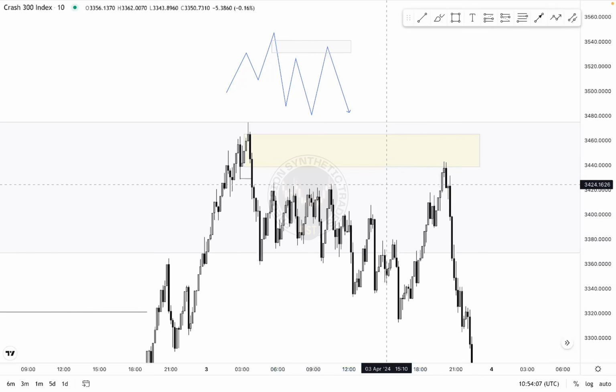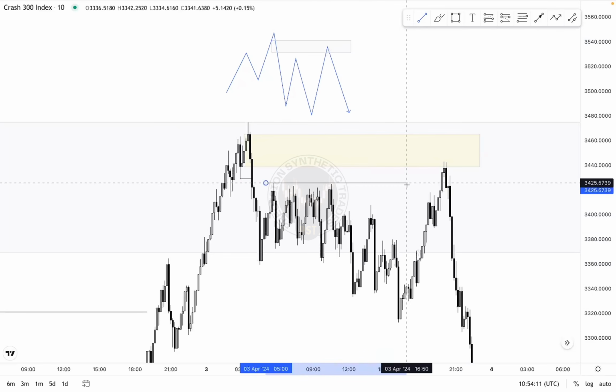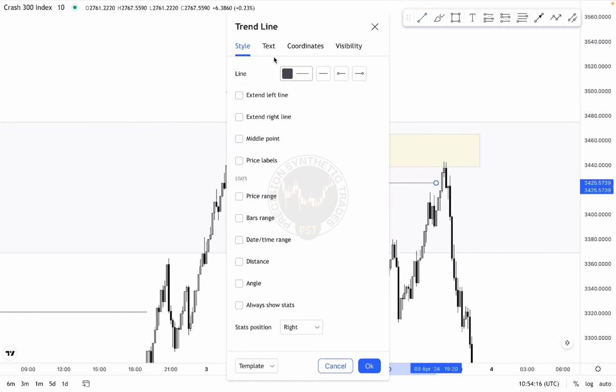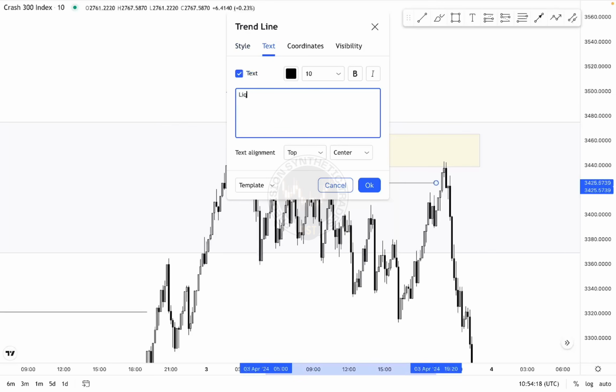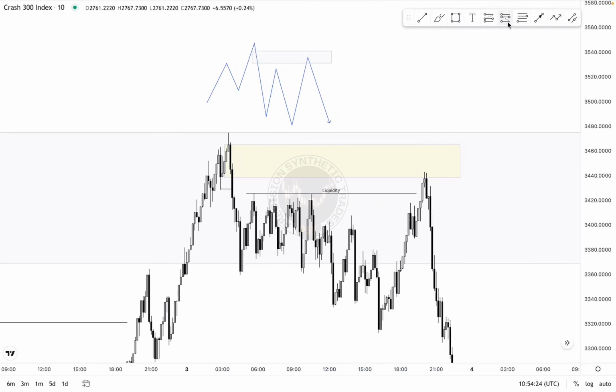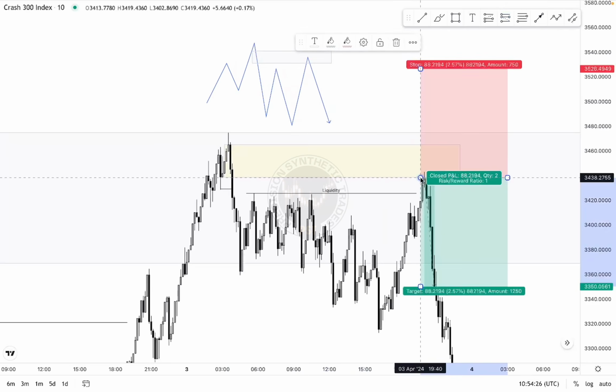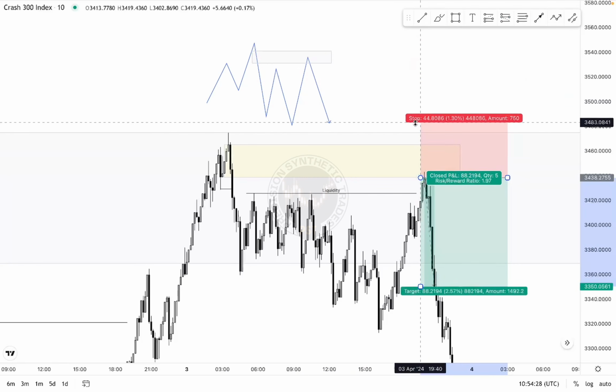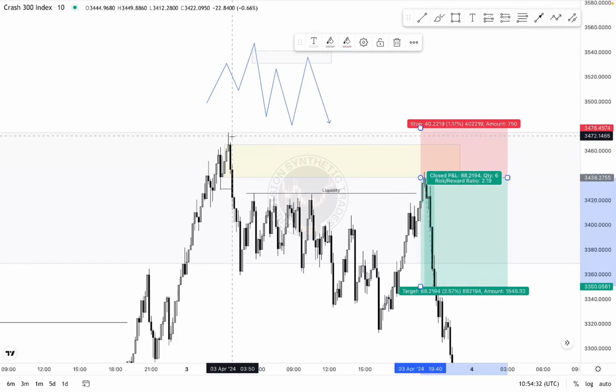But I saw this as an opportunity where price created internal liquidity. And I was putting my sell limit on this order block, stops above this high.